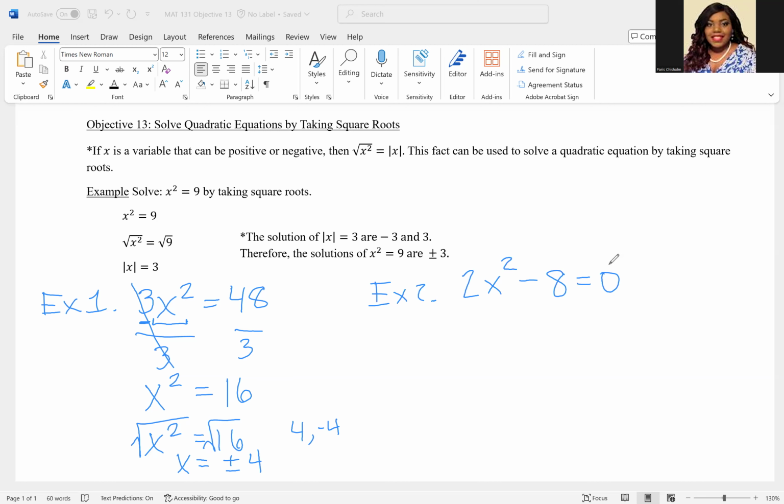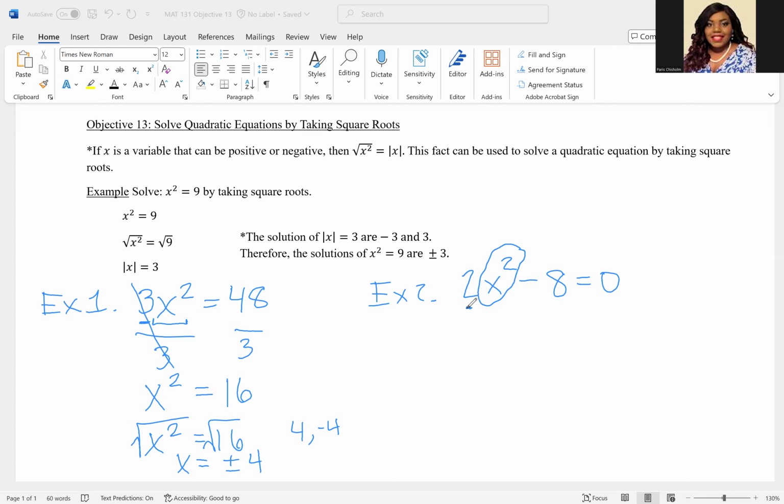The problems get a little bit more complicated as we go. But I want you all to remember our goal. We want to try to get that x squared by itself, the same way in the past when we were solving equations, we were trying to get the x by itself. For this, we're just trying to get the x squared or whatever squared by itself.